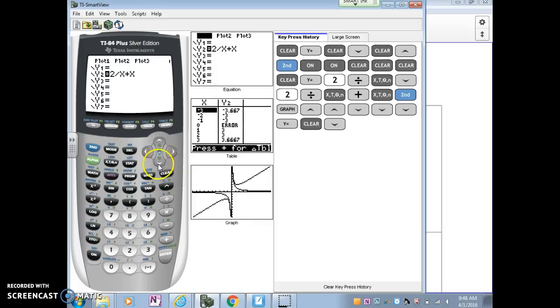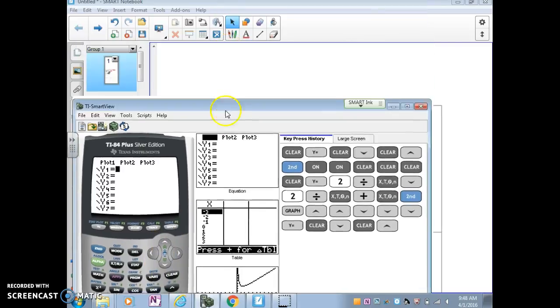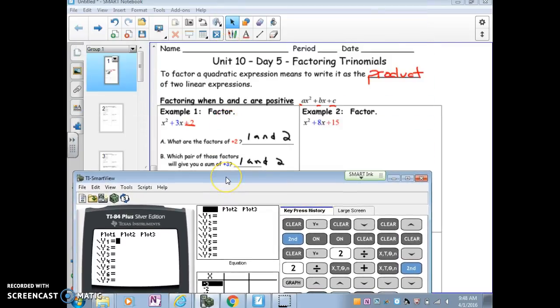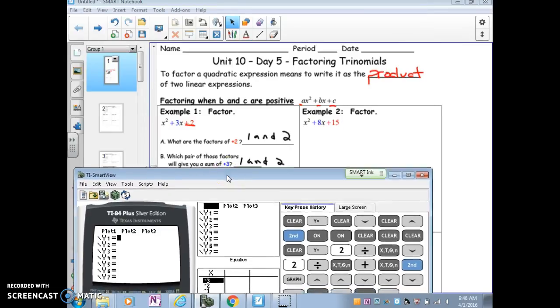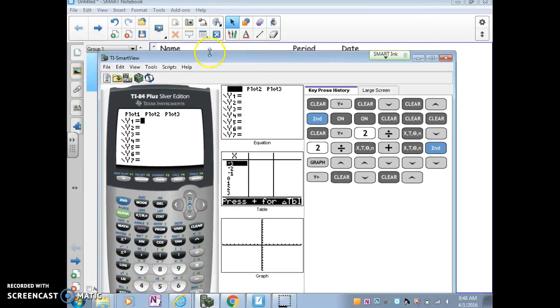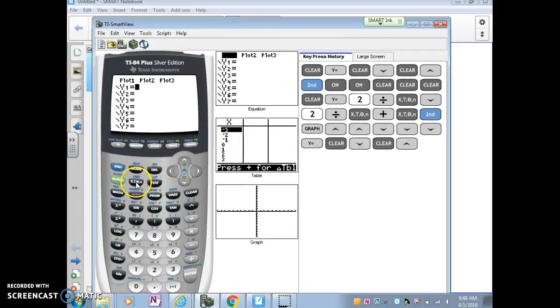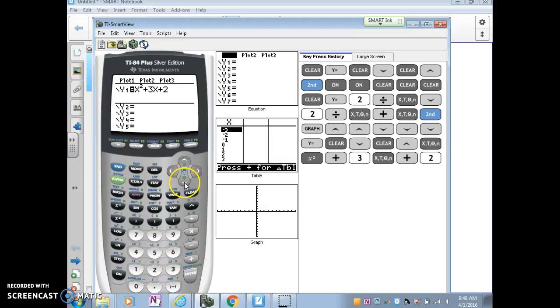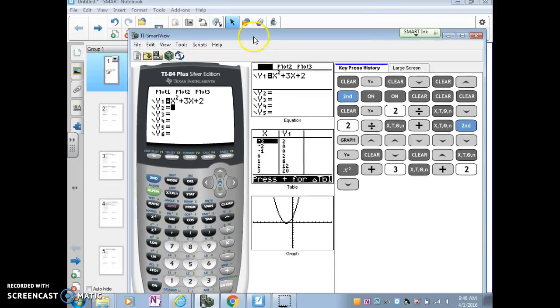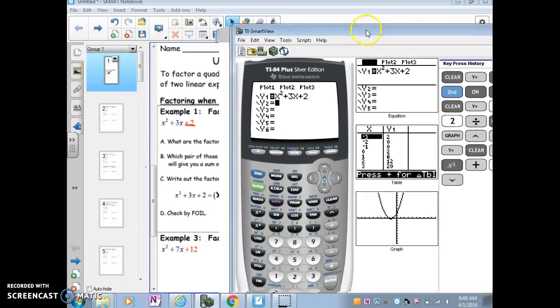If this were a multiple choice problem that you were asked to factor, and the original problem you were asked to factor was x squared plus 3x plus 2, we would type that into line 1. And then our answer choices would go one at a time into line 2 of y equals.